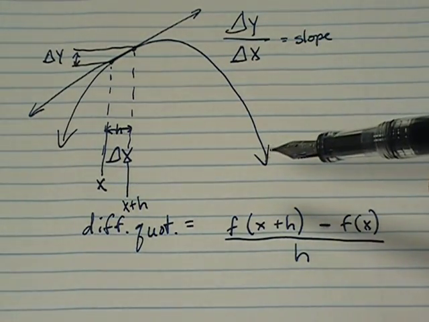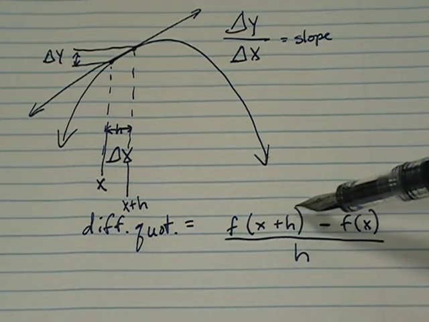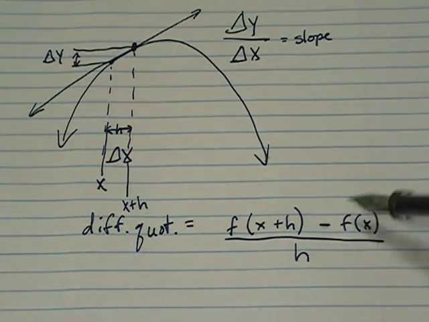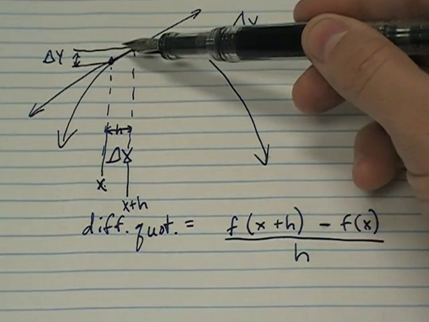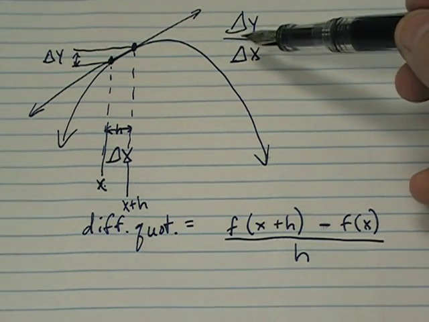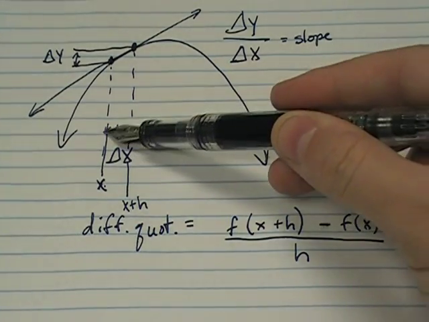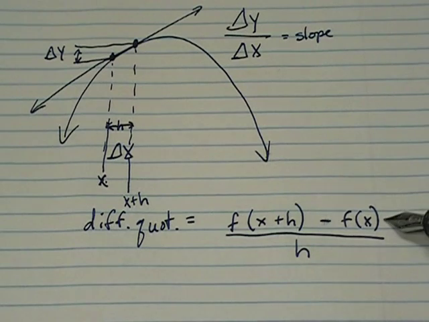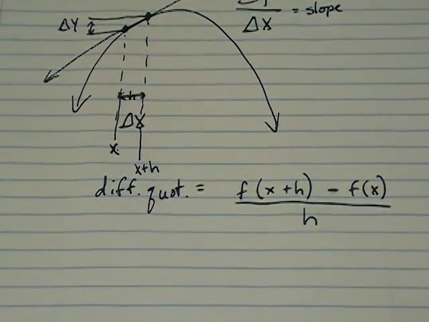So we're saying take the y value when x is x plus h. That's this y value here. Subtract the y value when x is x. That's this y value right here. So subtract these two y values, which is delta y, and divide by h, which is the difference between the x values, delta x. So this is really delta y over delta x. That's the difference quotient.